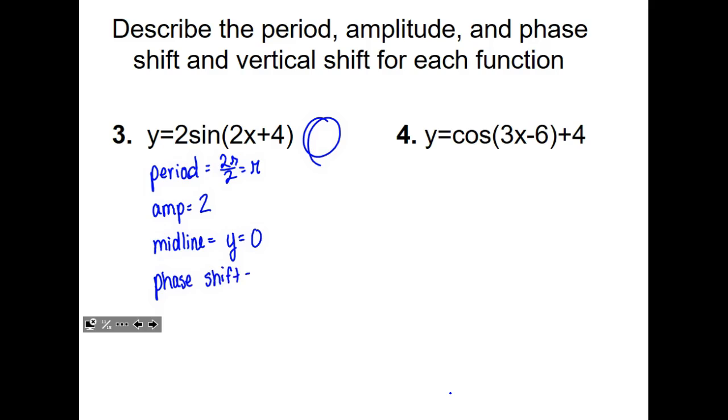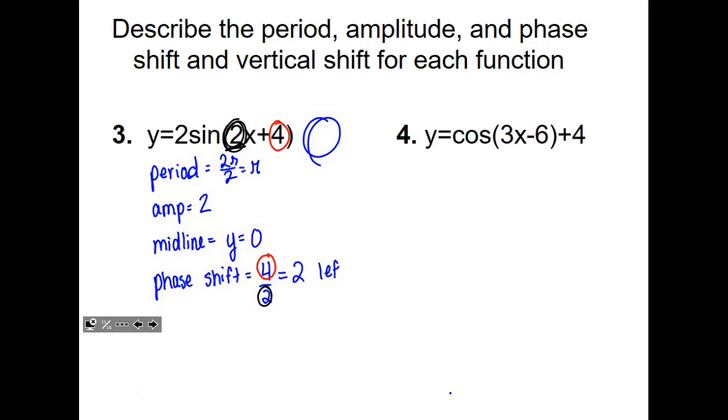And Caroline, what is the phase shift for this one? It's going to be 2, because we will take 4 divided by 2, right? So we take this number here, the 4, and we divide it by the 2. And that gives us 2. Is it going to go to the left or to the right, Caroline?